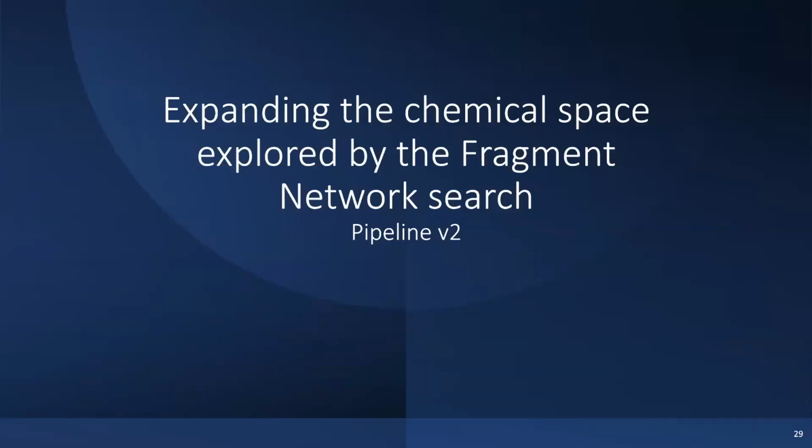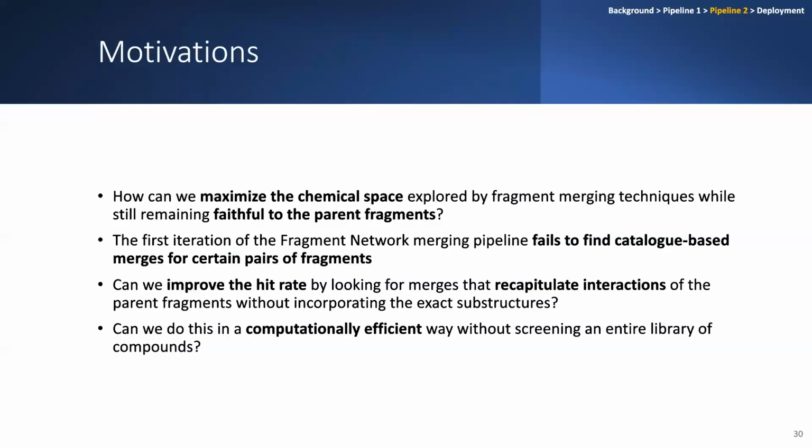Next, I'll give a bit of an introduction to some of the current work that we're doing in expanding this tool and developing the second iteration of this fragment network search. Some of our motivations are, how can we maximize the chemical space that's explored by these fragment merging techniques while still remaining faithful to the parent fragments?